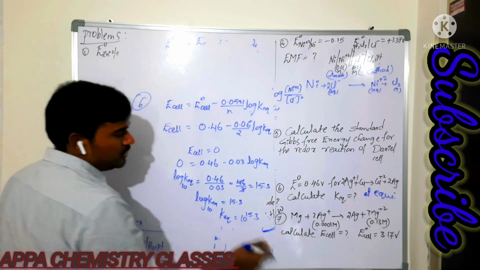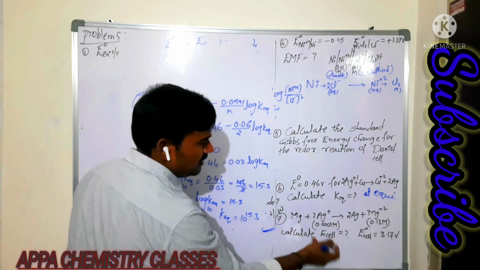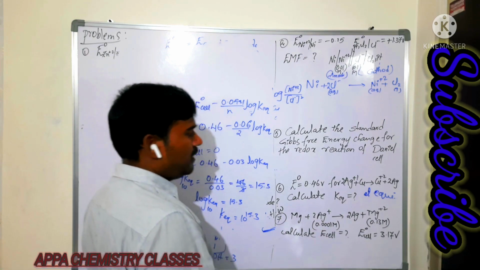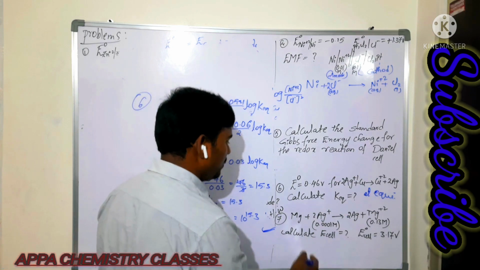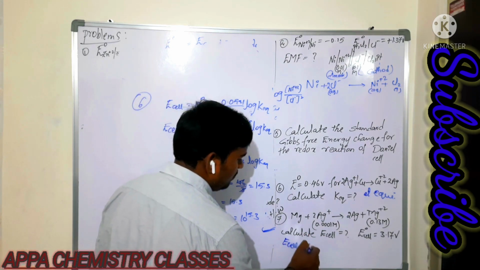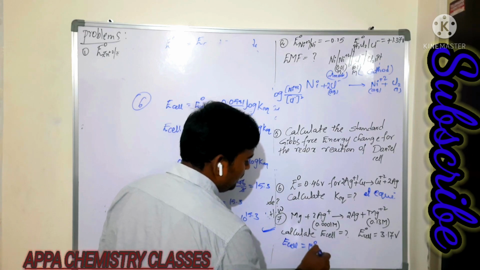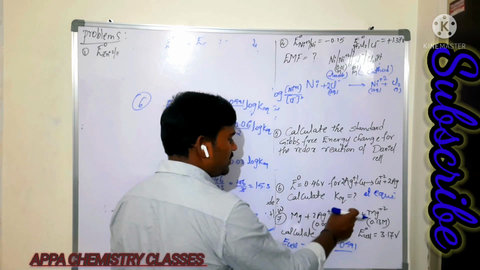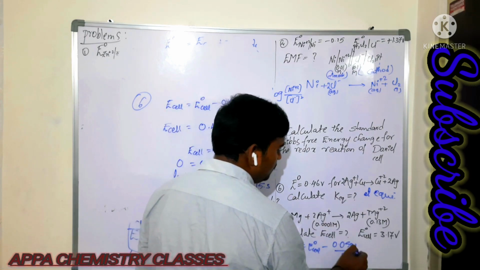Is that clear? So the next question is a homework sum. You can try it once. It is an easy one. Here I will give you the cell reaction. E cell is equal to E naught cell minus 0.0591 by n. How many electrons are exchanging here? 2 electrons.